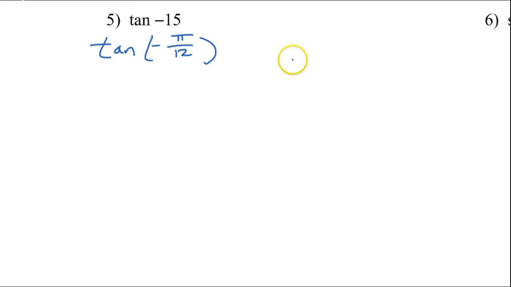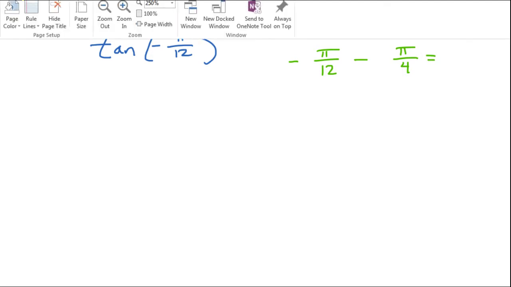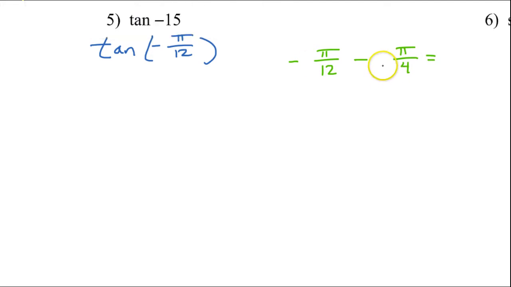So let's see. I have negative pi over 12, and I'm going to go ahead and subtract pi over 4 and see what happens. Now, in order to subtract these, I need a like denominator, so I'm going to multiply by 3. Okay, so what do I have here?